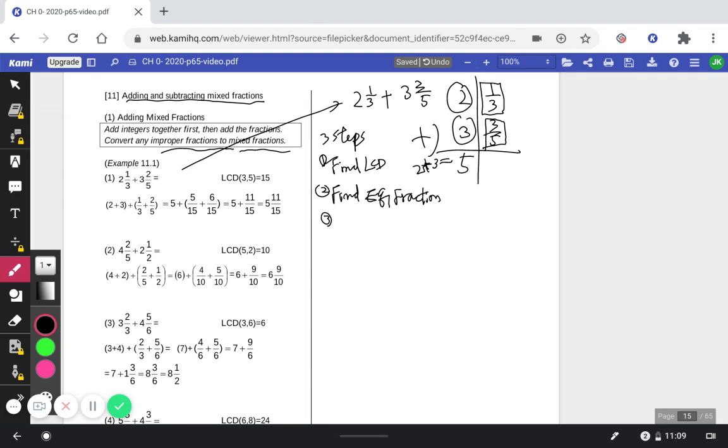Number 3, find the answer. So now you need these 3 steps to add or subtract the fractions. So now the LCD of 3 and 5 in this case is 15.